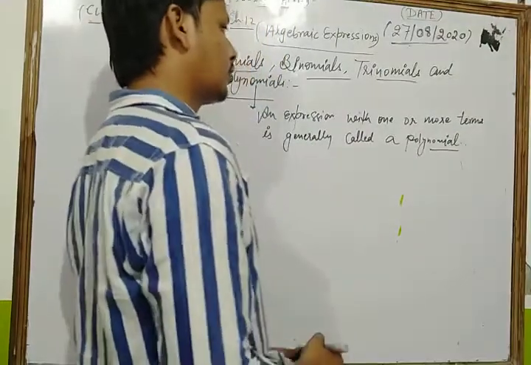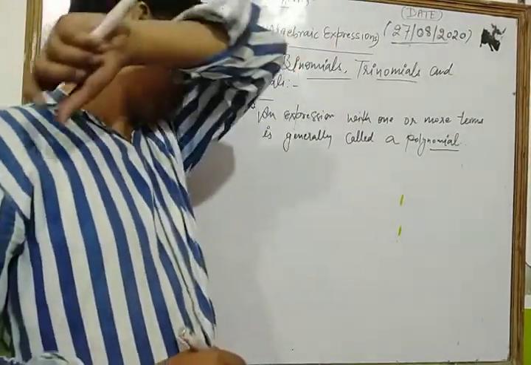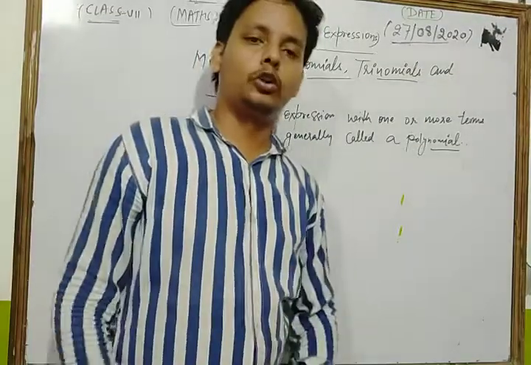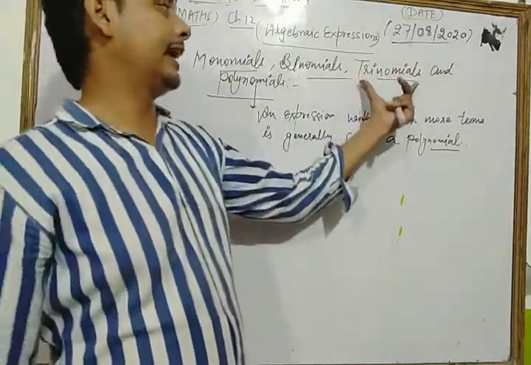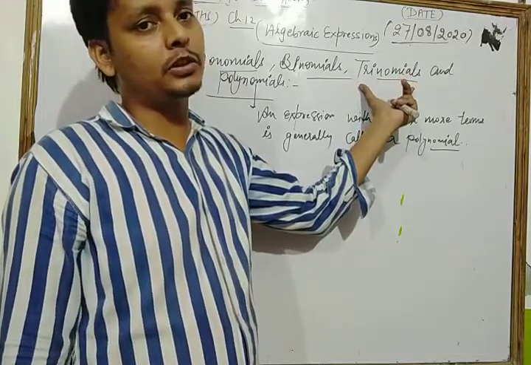So dear student, this is the concept of polynomial. An expression with one or more terms is generally called a polynomial, and an expression which contains three unlike terms is said to be a trinomial.